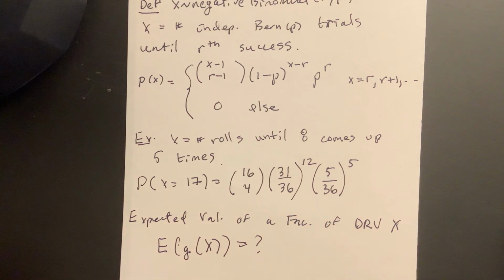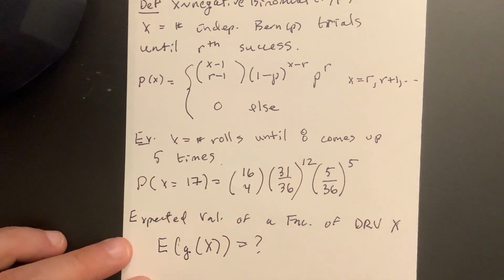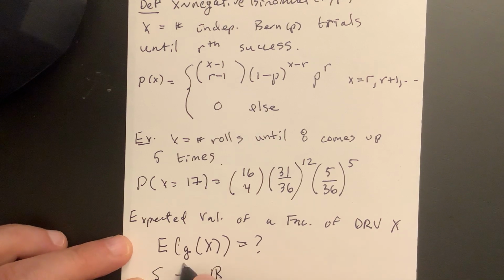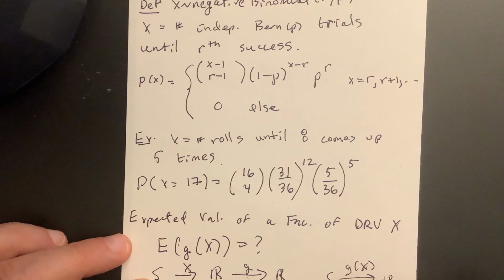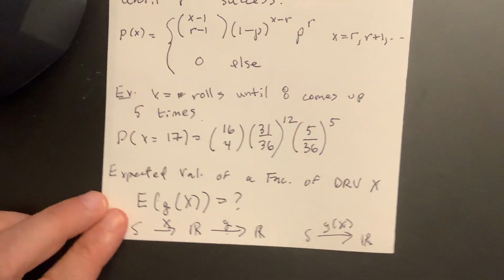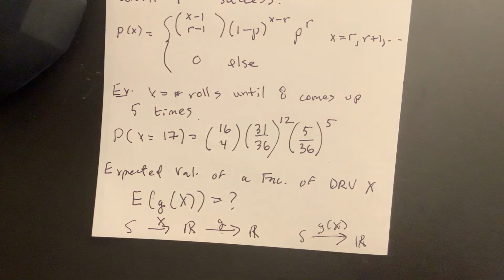Well, one way to look at this is if X maps from S to the reals, this is X. And then g maps, in general, from the reals to the reals, so this is g. Then g of X is really just another map, just another random variable. It's just another map from S, the sample space, to the reals. So we could just treat it as such.